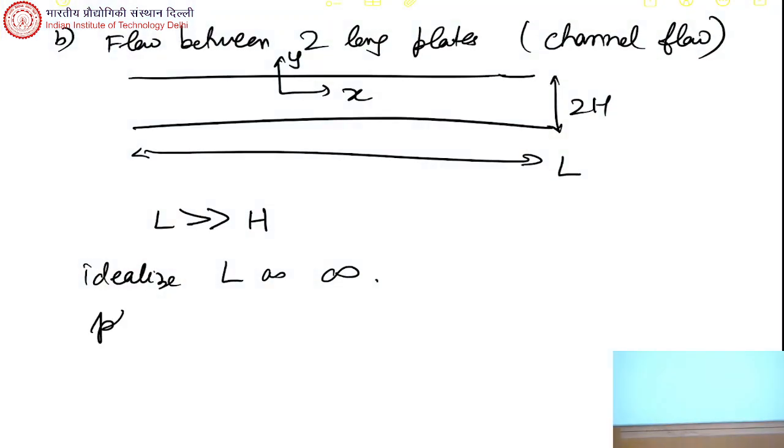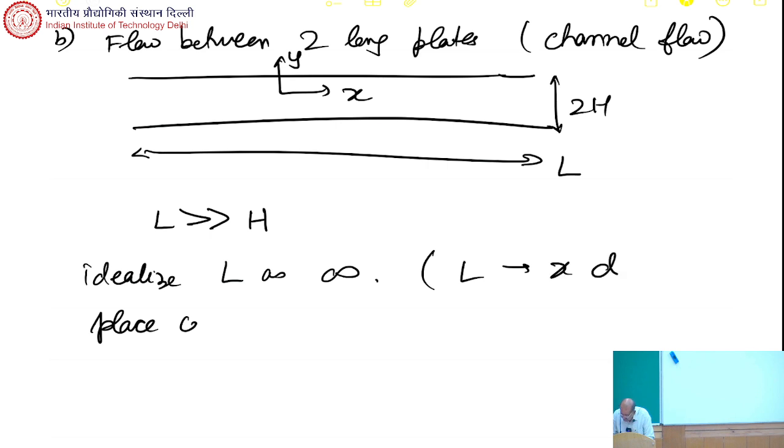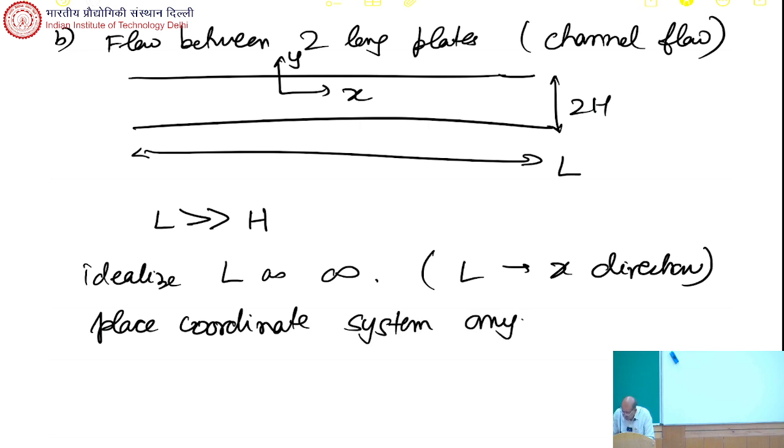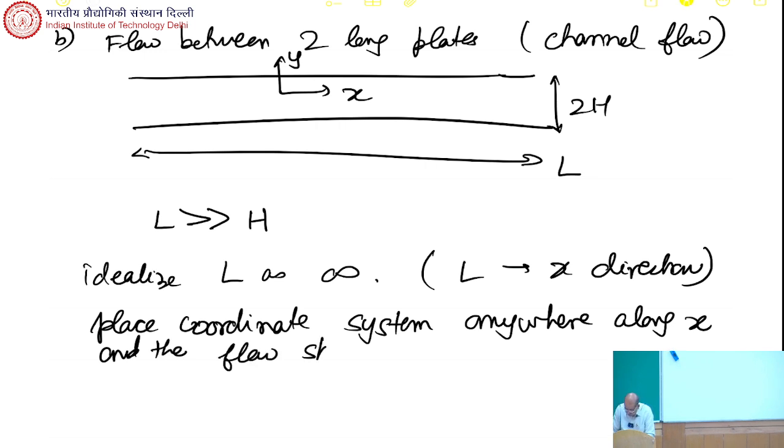So here, let's say L is the x direction. So we can place the coordinate system anywhere along x, and the flow should not change.